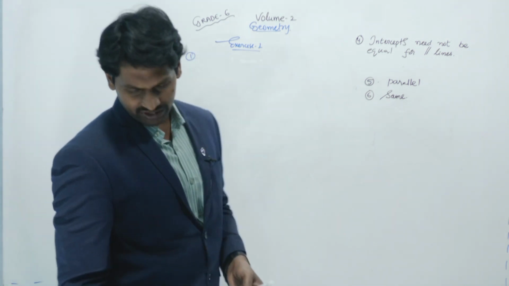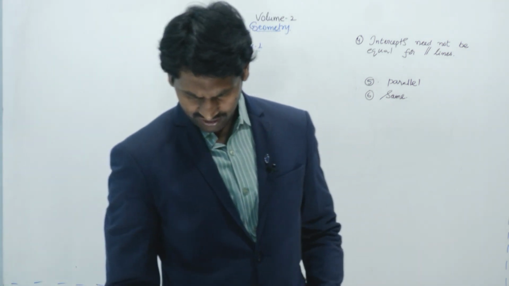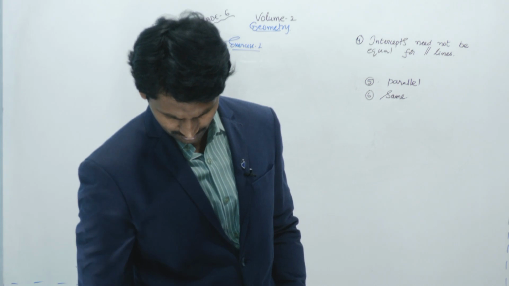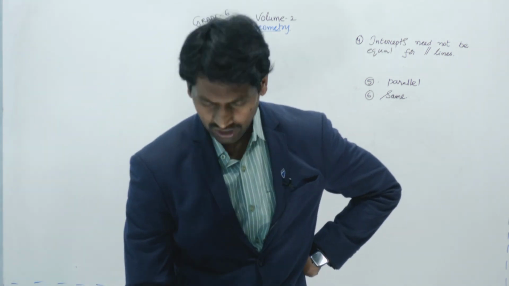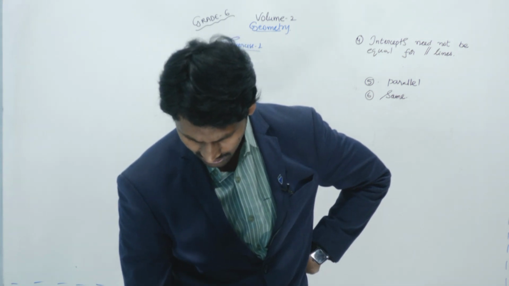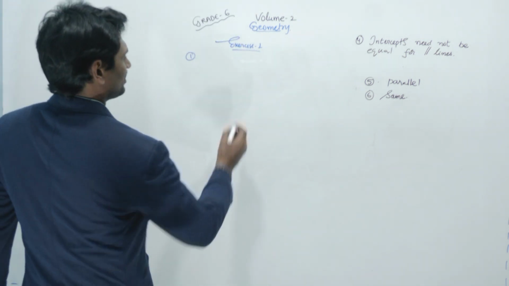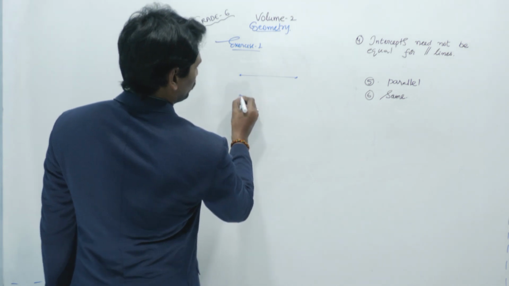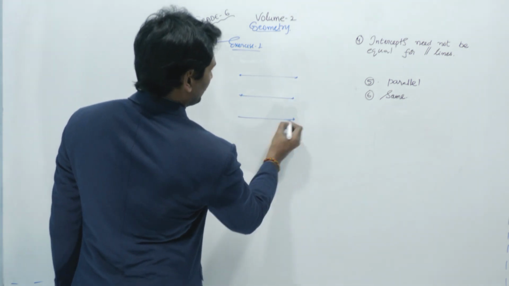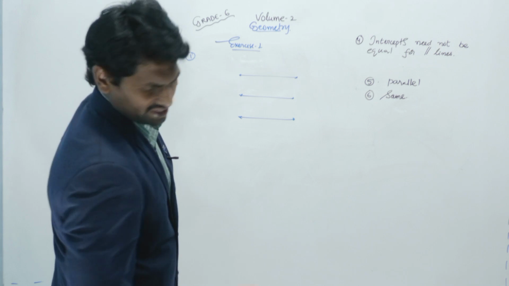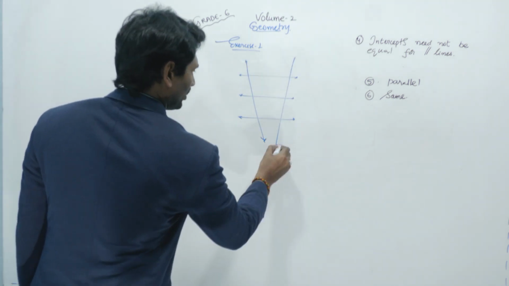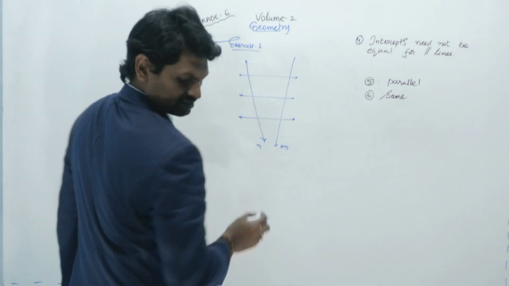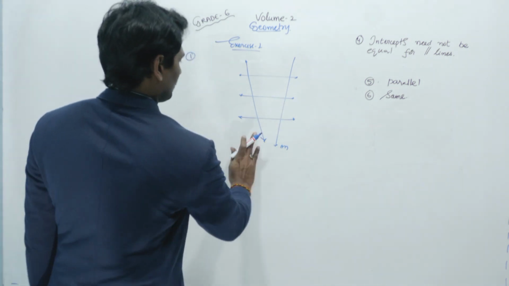The first problem is given from the given diagram. Let me draw the diagram first. Three parallel lines are given, and two transversal lines also given, L and M. L is a transversal here, M is a transversal here.